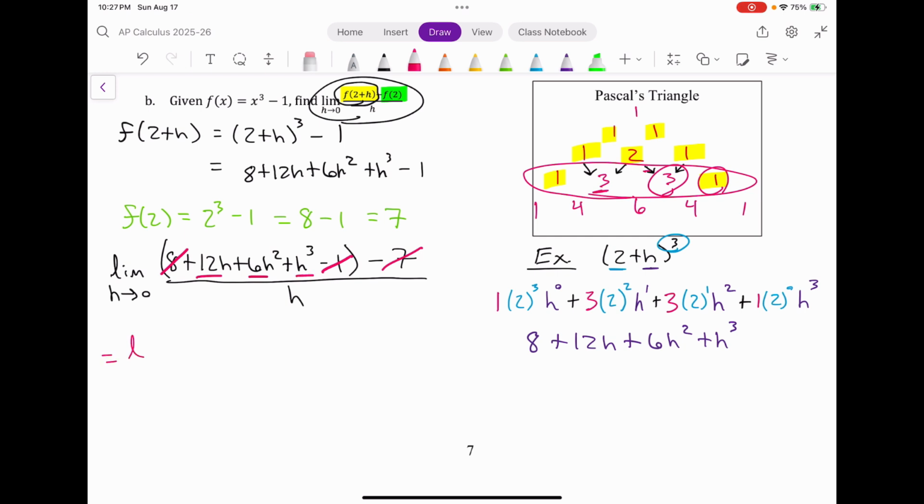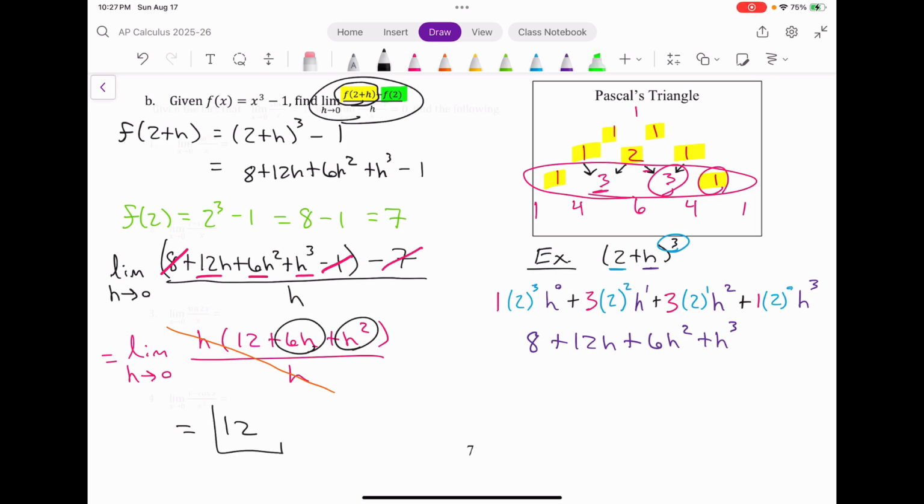So we can factor out the h in the numerator. And then we notice the h's right here will divide out. That'll allow us to plug in h approaching 0. We'll be able to plug in 0 for h. So we'll end up equaling 12 because these 2 terms will just 0 out.